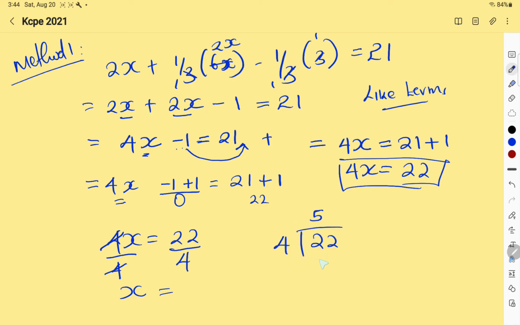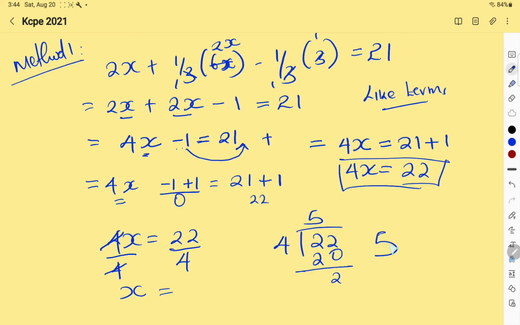It will be 5 because of 20, you're left with 2. So we put a point over here, a decimal, and then we can use, no, I think the answer was in fractions, so we don't have to put the answer in decimals. So let me leave it at 5.